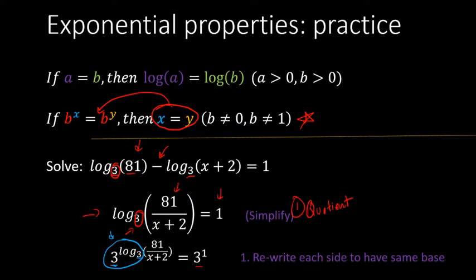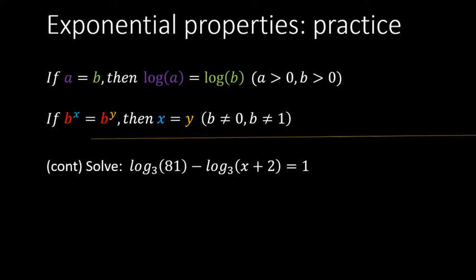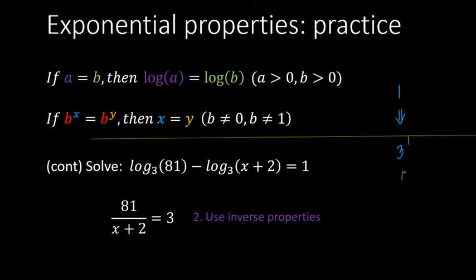And what happened to our right-hand side? You might be wondering what happened to the right-hand side. Remember, we chose 3 as our base, so the right-hand side went from being 1. When 3 became our base, it was 3 to the 1. 3 to the 1 is just 3, right? So that's why the right-hand side is 3. So 81 over x plus 2 equals 3.